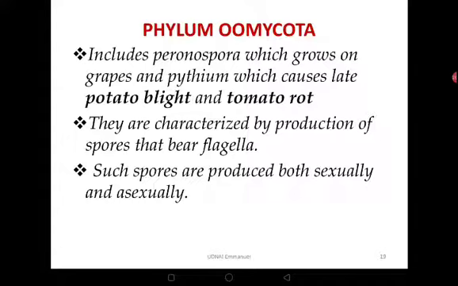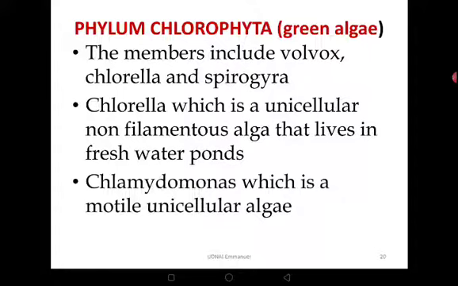So those are the members of the Oomycota. They are characterized by production of spores that bear flagella. They produce flagellated spores, both sexually or asexually.